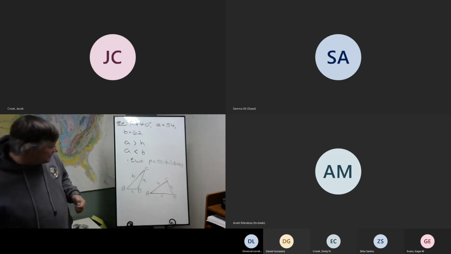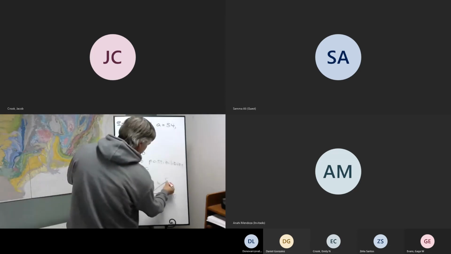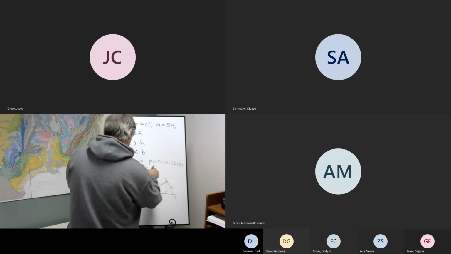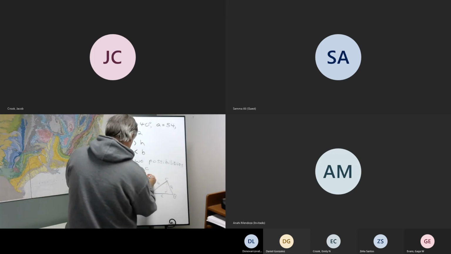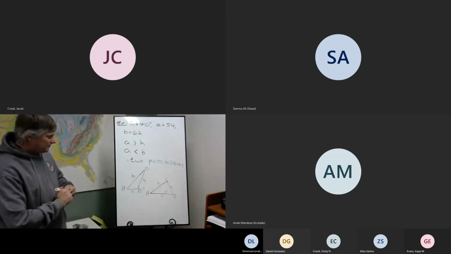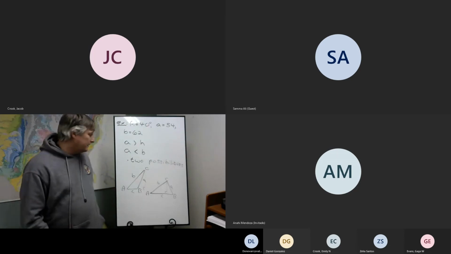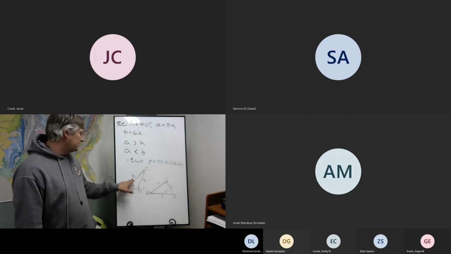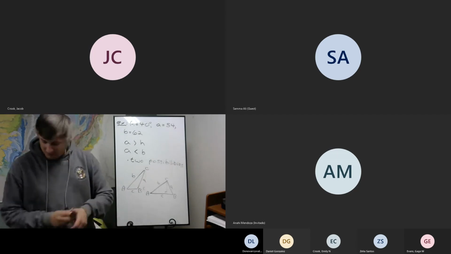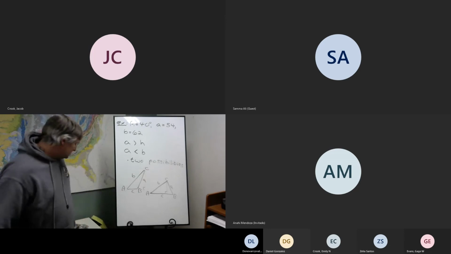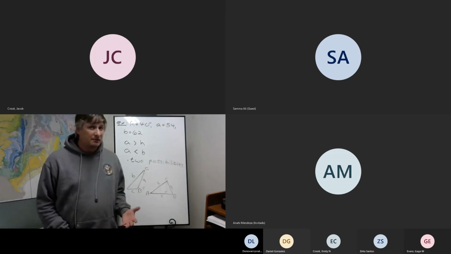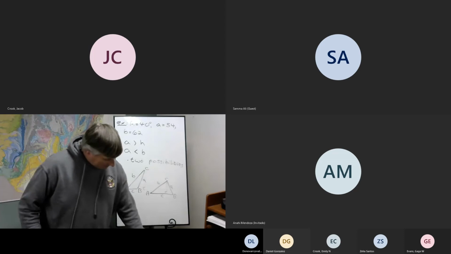In both of these cases, here's the height. In both these cases, A is longer than the height, but shorter than side B. So we have to consider both of these triangles.